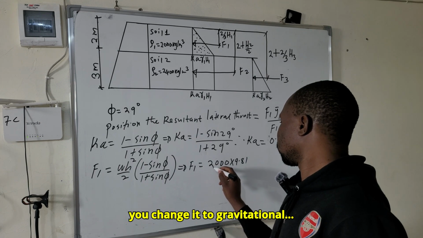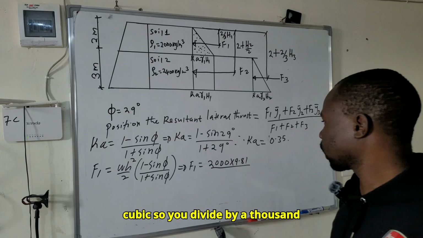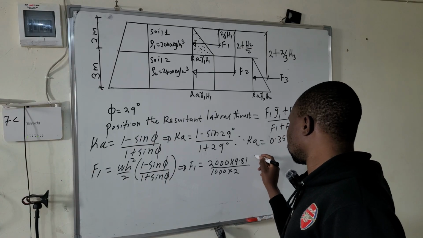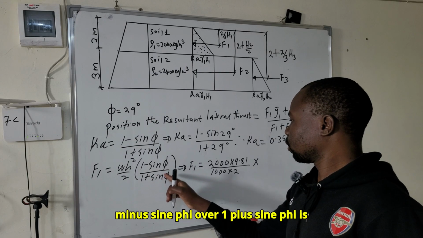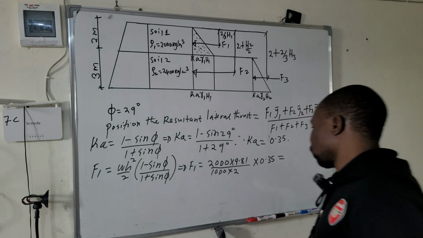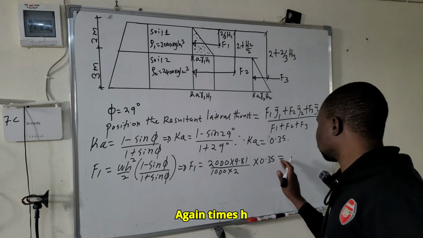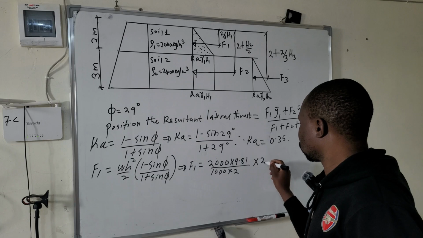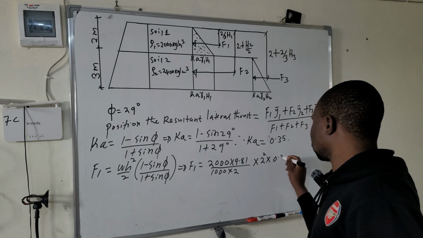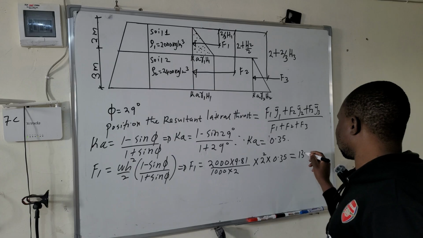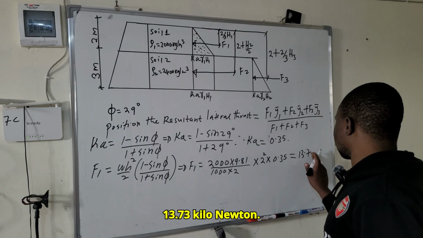You change it to kilonewton per meter cubed, so you divide by 1000, then times 1 over 2 times 1 minus sine phi over 1 plus sine phi, which is 0.35, times H square, which is 2 square, times 0.35. So the answer is 13.73 kilonewton.